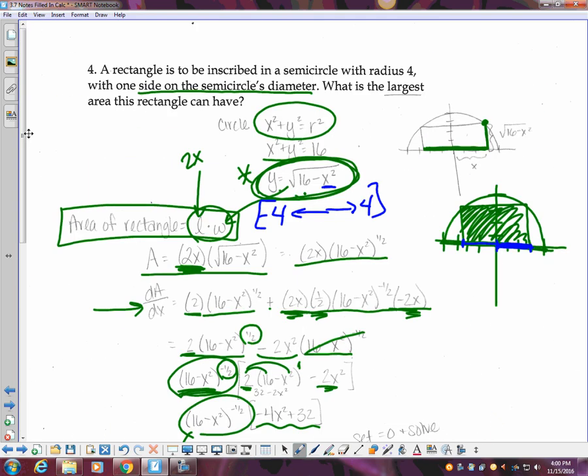Let's go back up here and look. If x is root 8, what would the dimensions of your rectangle be? Well, if that's root 8, then what's this length? It'd be 2 root 8. Okay, how would you find the height? Well, again, that's my y value. So I would plug in a root 8.